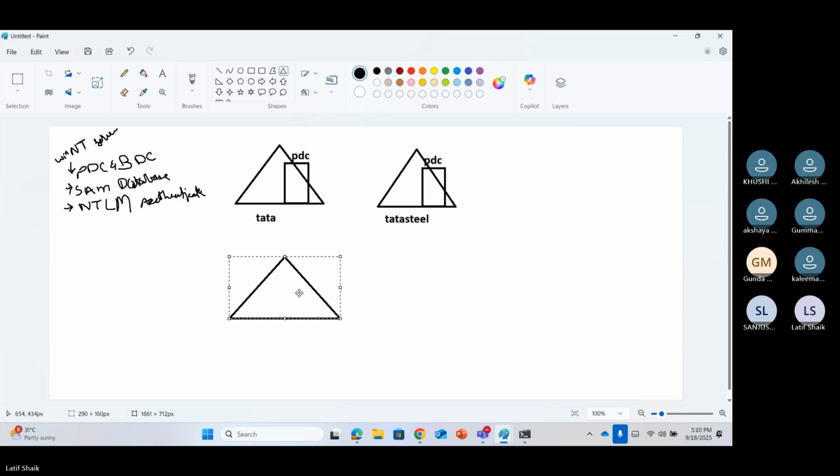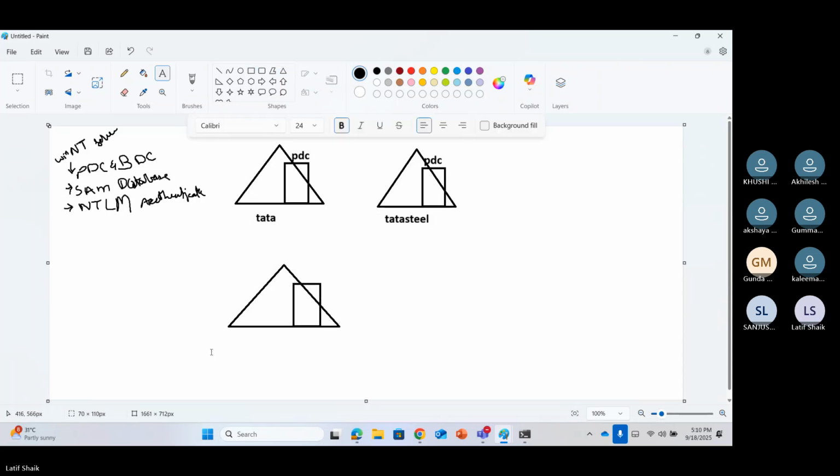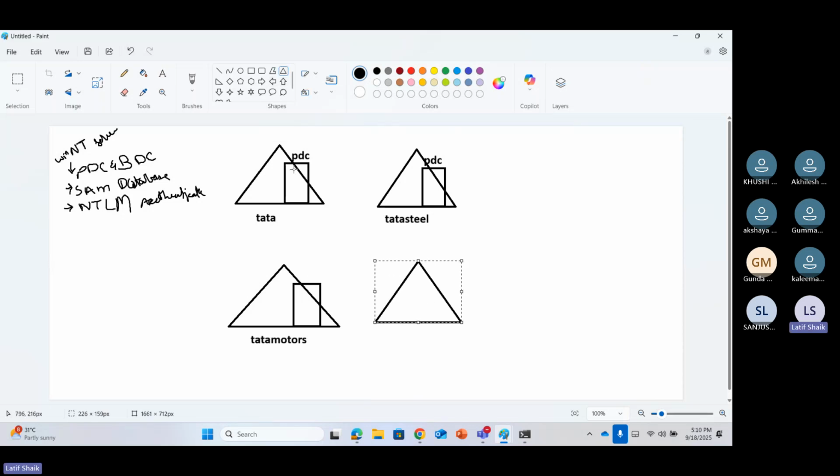Again, Tata started another business, for example Tata Motors. This is the Tata domain, the Tata Motors domain. We'll take another domain; a well-known one is TCS. We'll take TCS.